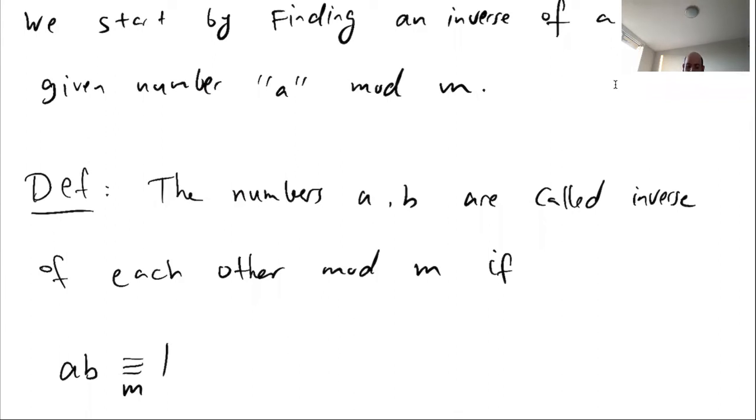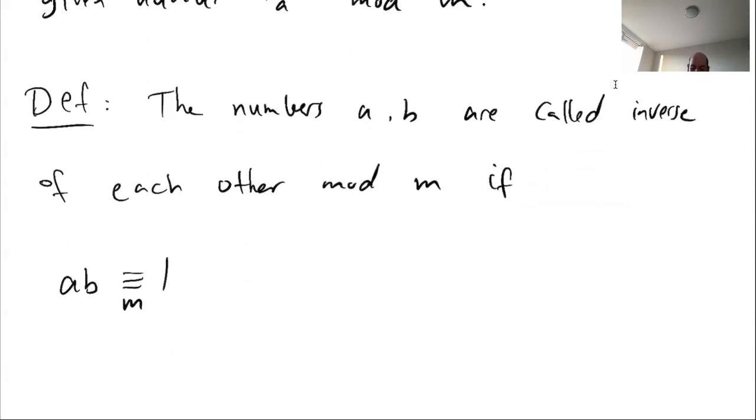Previously, you would say AB equals 1, and in that situation, you would say A and B are inverse of each other. But here, instead of equality, we have congruence mod M. So A and B are called inverse of each other if AB is congruent 1 mod M.